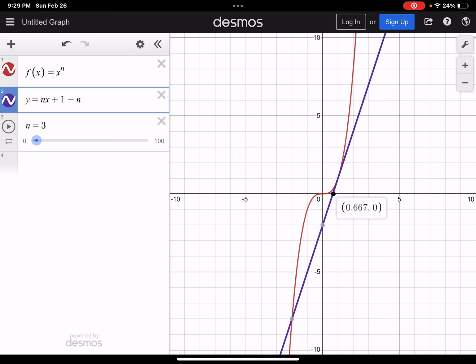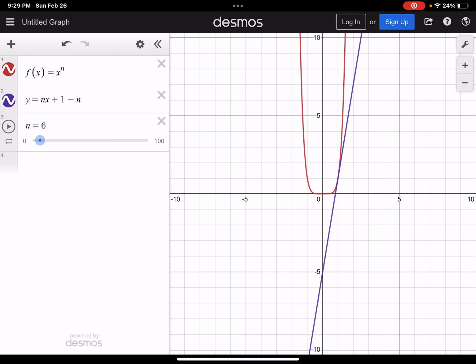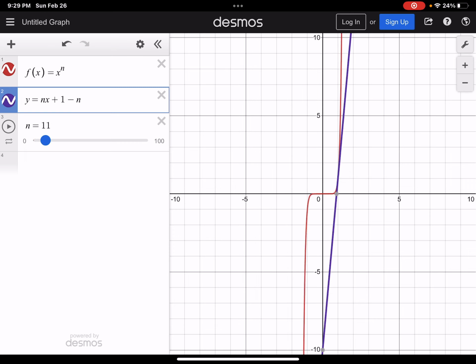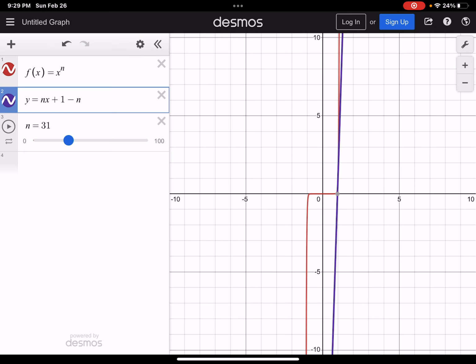Let's increase n now, and let's make it 6. Here is the tangent line again at (1, 1), and notice that the x-intercept is approaching the number 1. I'm going to increase it, let's leave it here at 31, which is an odd power.